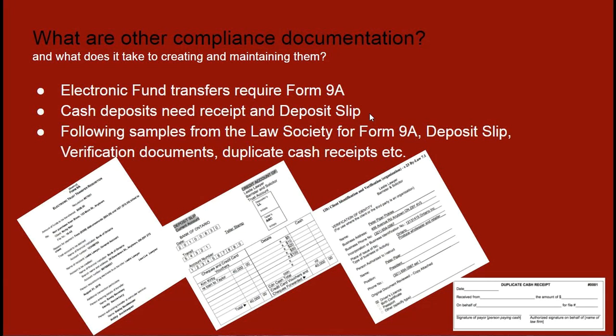There was no electronic means. So at the time of deposit for both retainer as well as important for general as well, it's important that you have deposit slips. So the financial institution would give you that slip, or you should request that slip when you deposit that cash into your account.